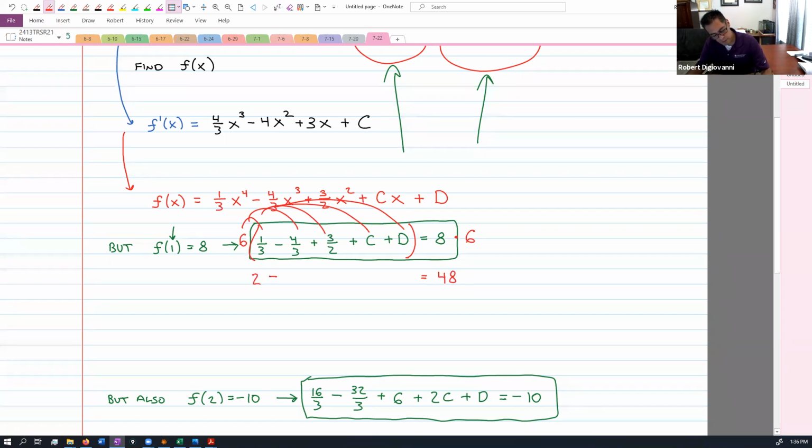2 minus, let's see, 6 over there, that should give you 8, plus 9, plus 6c, plus 6d equals 48. -6 plus 3 is 3, so I take 3 away on both sides, I get 6c plus 6d equals 45.